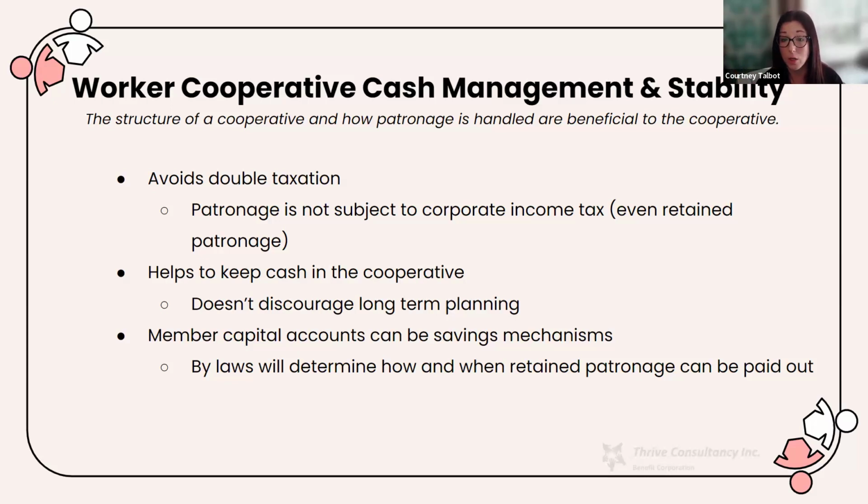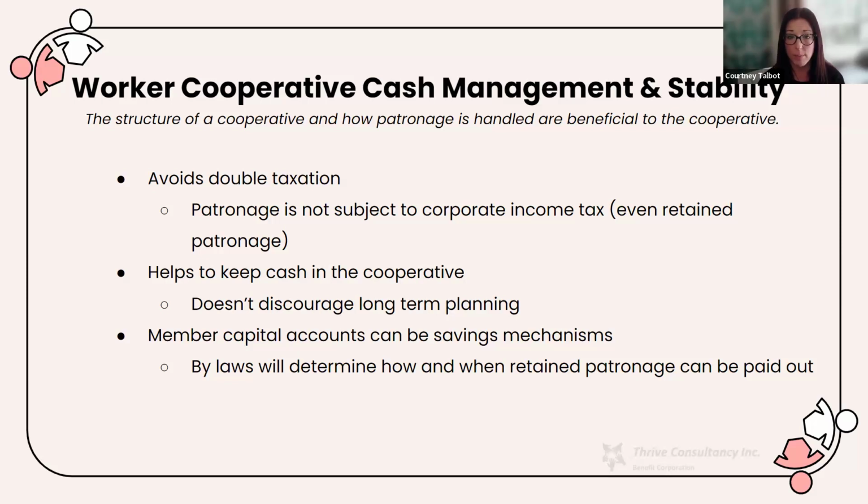It helps to keep cash in the cooperative because they're not required, like a traditional corporation, to pay shareholders a certain amount per year. They can keep some of that in the equity accounts. And so it helps keep cash in the cooperative longer. And member capital accounts can be saving mechanisms. The bylaws are going to determine how the worker owners can access that.